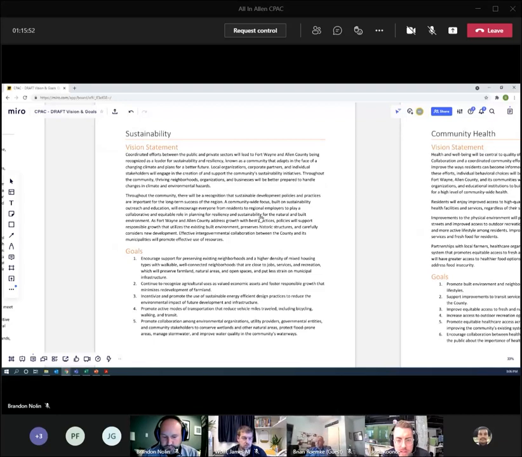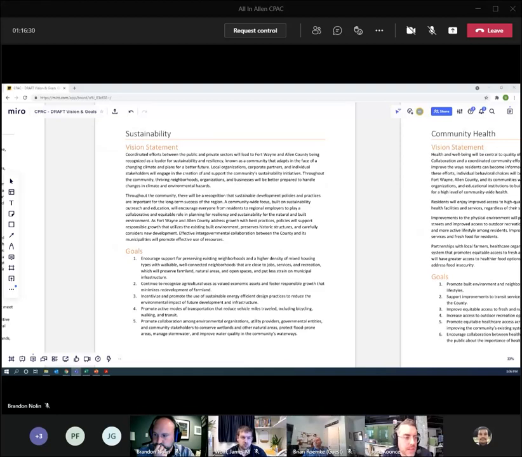Okay, last but not least, sustainability, another theme that will touch on several areas of the plan. So the vision here is about a coordinated effort between public and private sectors, whether you're talking corporate partners or local organizations, or even at a residential scale, thriving neighborhoods, the importance of sustainability to all of those areas, emphasis on sustainability in development policies and practices, and an emphasis on outreach and education to promote sustainability.